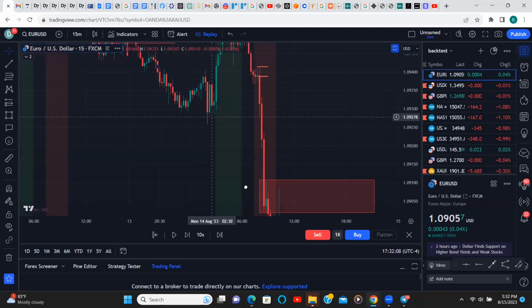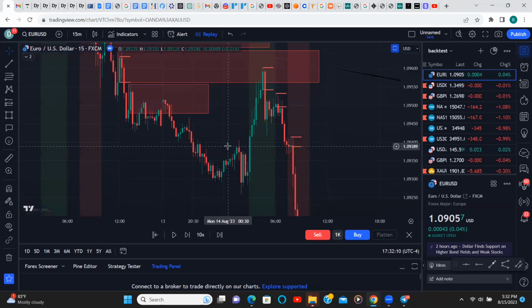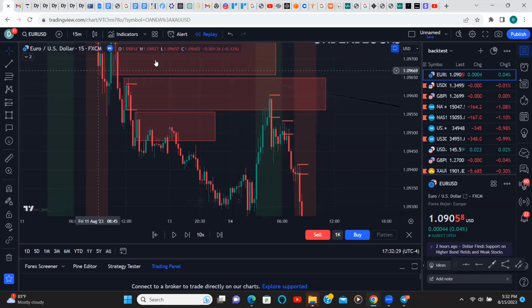So pretty much the whole idea is to mirror what's going on and mirror what happened within the market. It's very, very important that you understand just what a supply zone is and what a demand zone is, which I'm going to show you an example of. But as we see right here, we always want to be able to identify the supply zone.